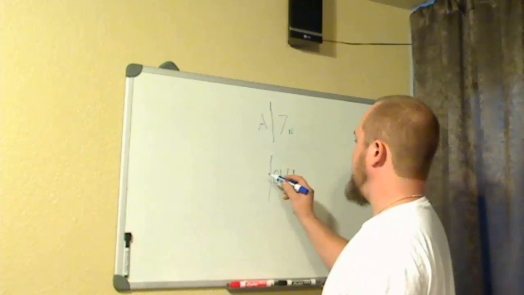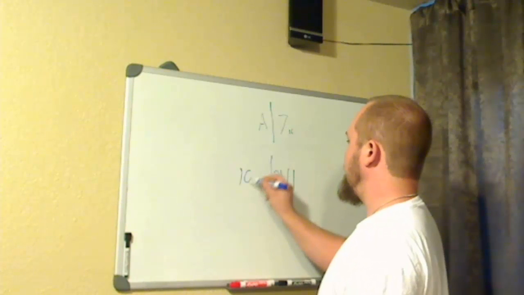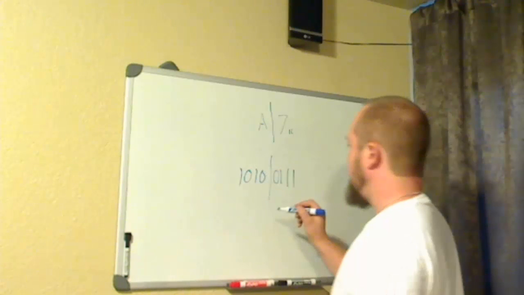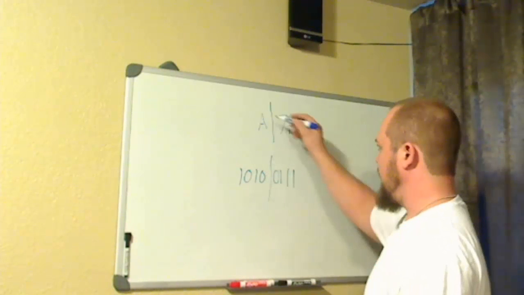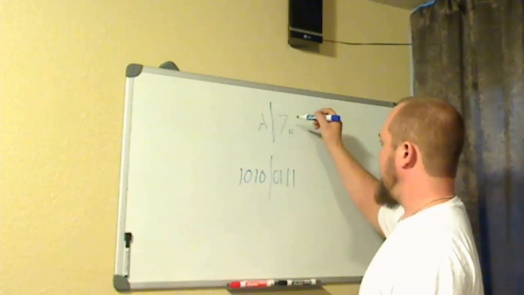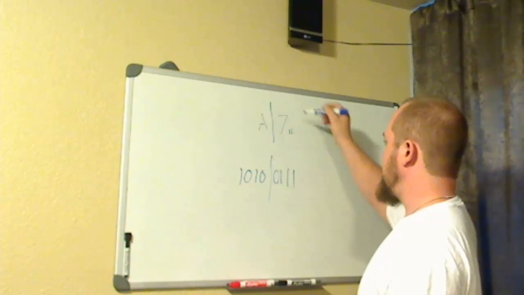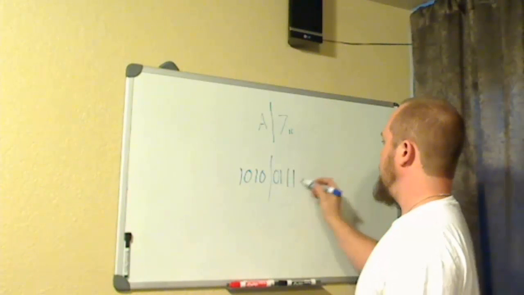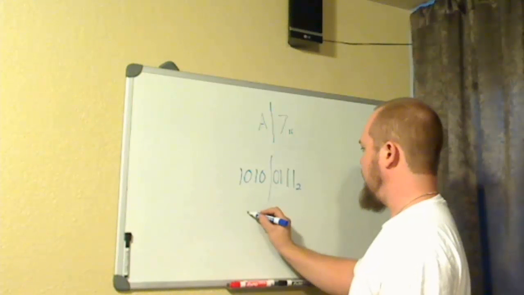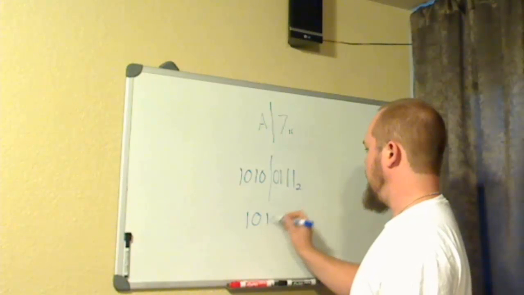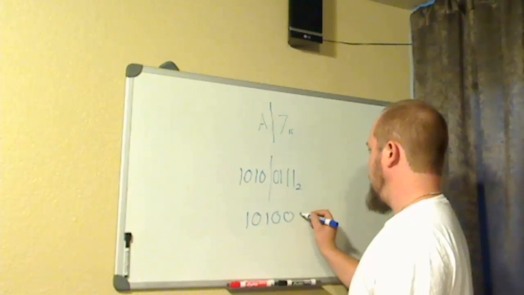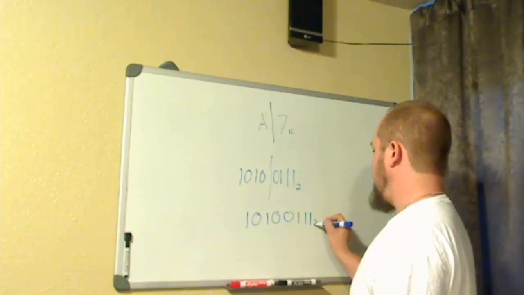So that will be 1, 0, 1, 0 in binary. So A is equal to 10, and it is equal to 1, 0, 1, 0. 7 is 0, 1, 1, 1. Base 2, our number is 1, 0, 1, 0, 0, 1, 1, 1 in base 2.